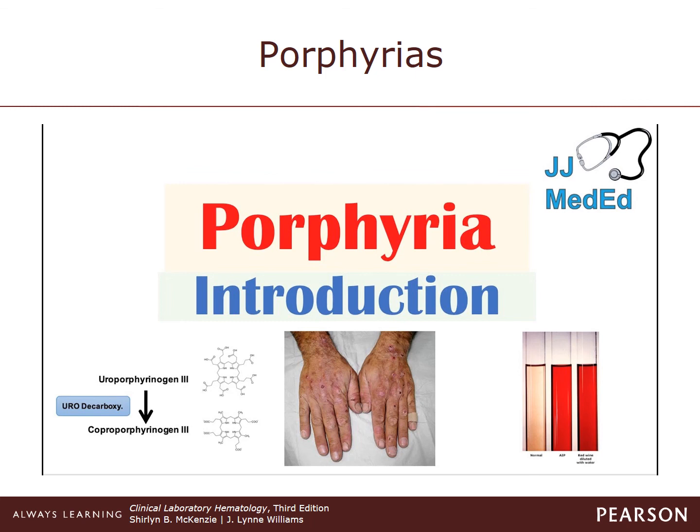Excess porphyrin deposits result in photosensitivity, abdominal pain, and neuropathy. There are two forms dependent on the primary site of defective porphyrin metabolism, either erythropoietic, where the primary site is the bone marrow, or hepatic, where the primary site is the liver.